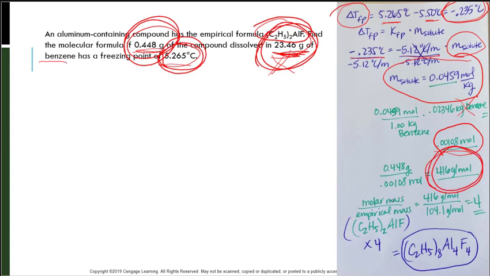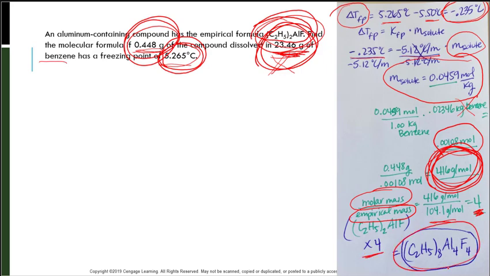Recall back to Gen Chem 1, if I know my molar mass and I know my empirical mass and I divide the two, I will get really close to a whole number, and I would multiply everything in my empirical formula by that number. So I'm taking my molar mass, and I found my empirical mass, which was about 104.1, and I get a whole number of 4, so I need to multiply everything in my empirical formula by 4. That would give me my molecular formula.